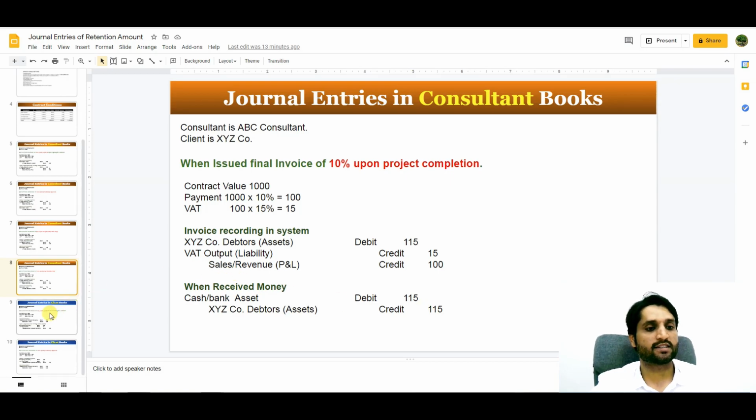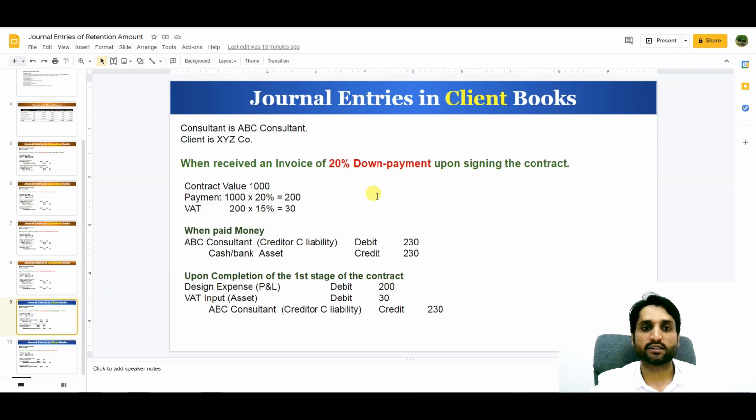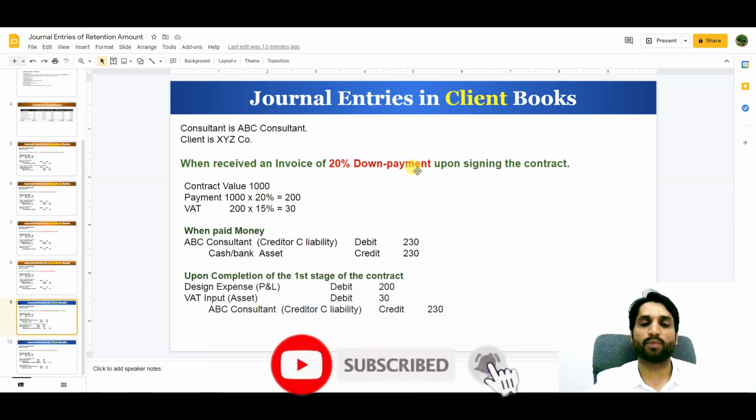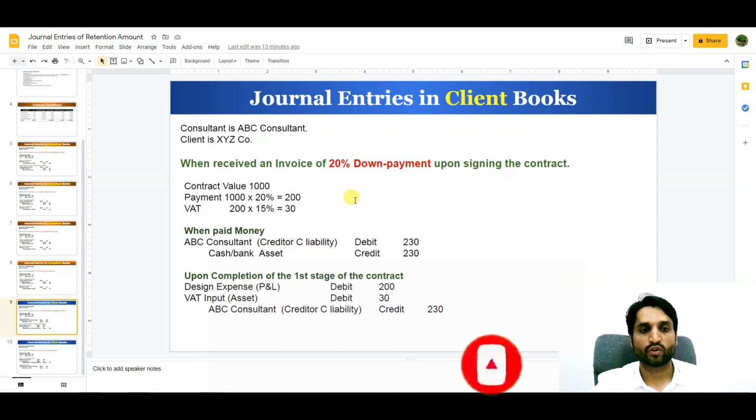Let's move further and see what entries are passed by the client in the books of the client. When the client receives an invoice for the down payment, while signing the contract, he is paying the ABC consultant as a creditor because the consultant is the supplier. So the creditor, a current liability, will be debit with 230, and cash and bank asset will be credit 230.